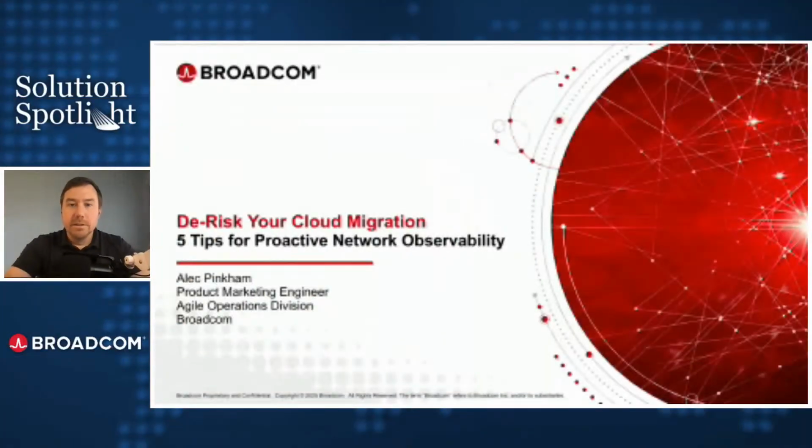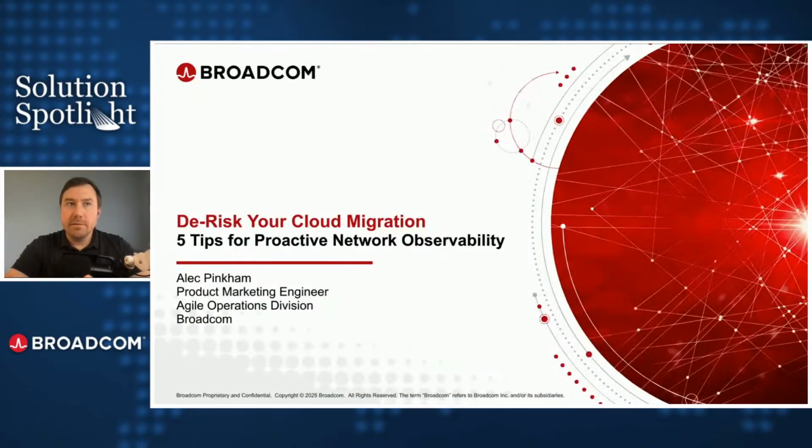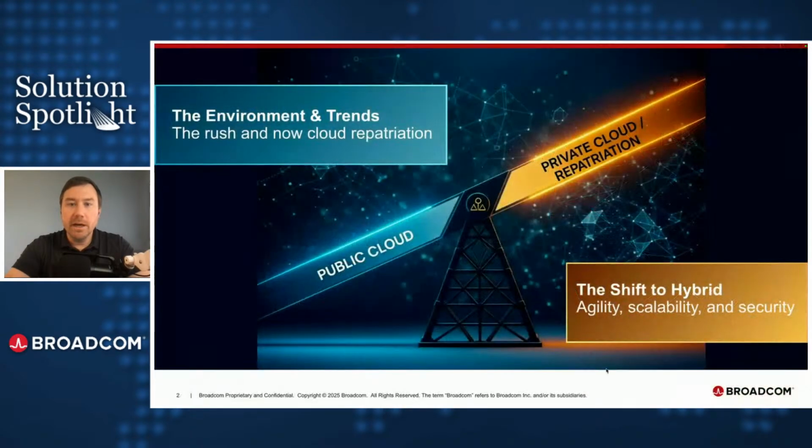All right. So before we dive into the main topic today of how we de-risk a cloud migration, we sort of need to understand the environment that we're operating in today. And so over the last years, decades, we've seen this rapid move to public cloud. But now the conversation starts to shift, right?